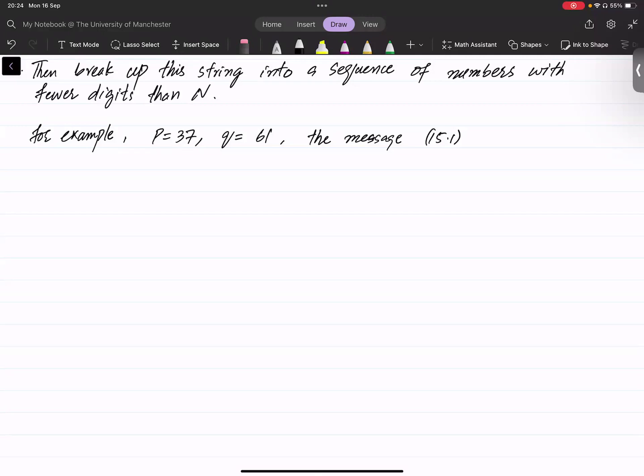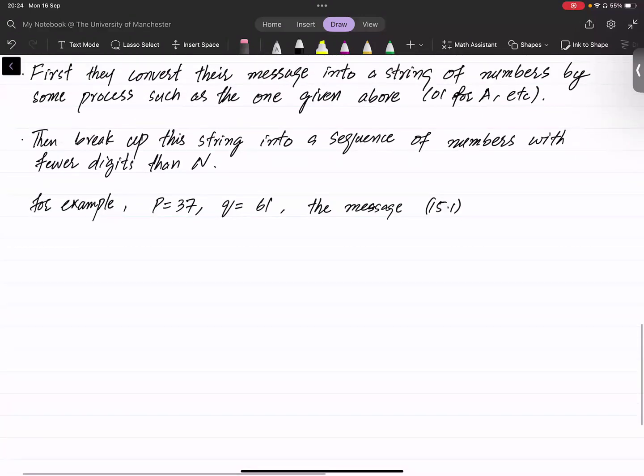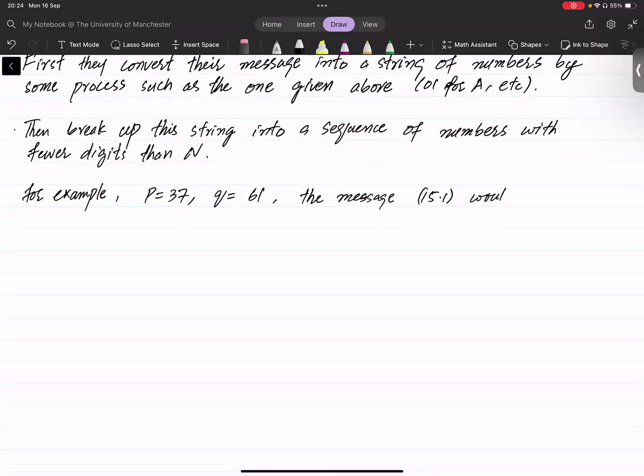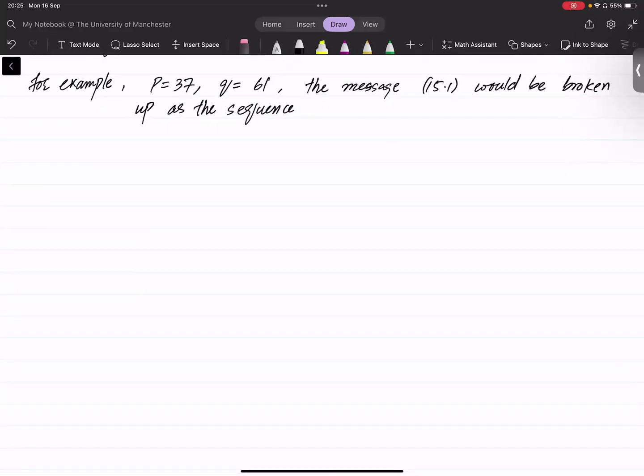So let's write the 15.1 again, but broken up. The 15.1 was combined like this, but you just have to remove the commas. Now I am writing it in a broken up shape.